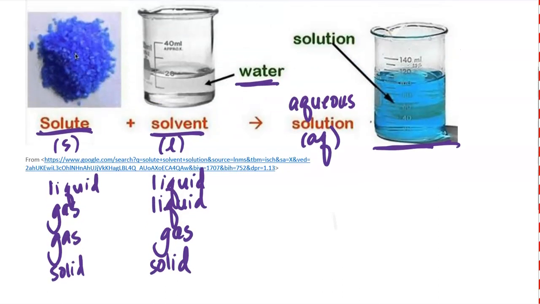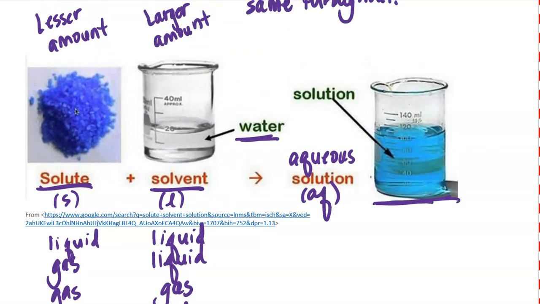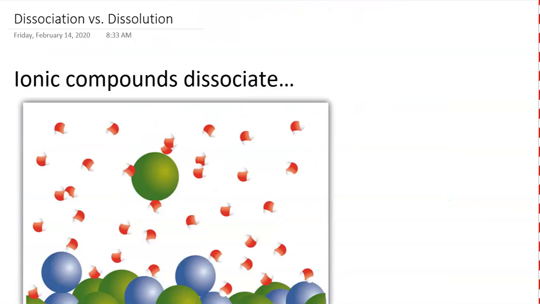But I wanted to spend the bulk of this pre-lecture discussing how it is exactly that solutes, particularly solid solutes, actually become incorporated into the solvent to form the solution. And so basically that involves understanding the difference between dissociation and dissolution. Now, typically these terms can sometimes be confused with one another, and so it's important to distinguish between them.